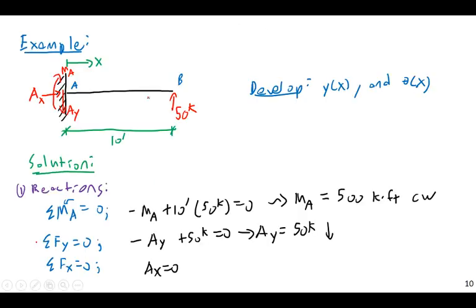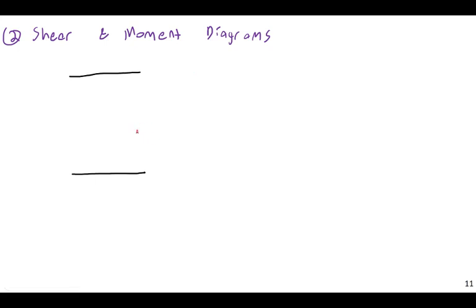What's going to happen, we have a downward vertical load, and then we have no other load until the end. So this is just going to go down, be horizontal, and then come back up. So V in kips is just going to be like this, just a constant negative shear all the way across the beam.